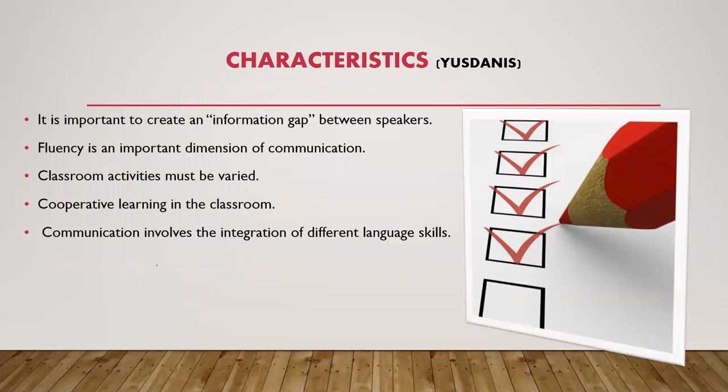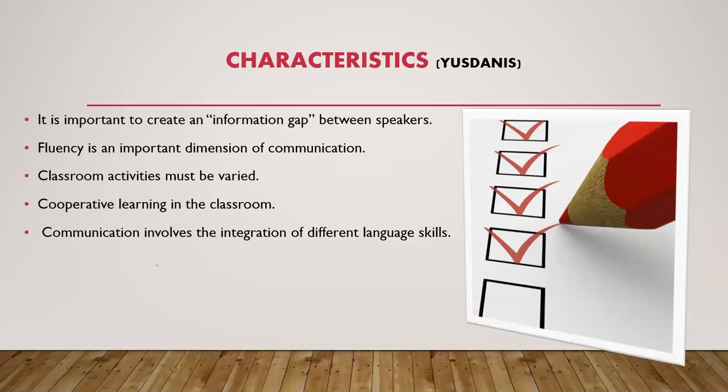This approach at the same time has important characteristics. For example, it is important to create an information gap between speakers. That is, the communication must be authentic and constant between students and teachers. They need to work together to successfully complete the effective communication.